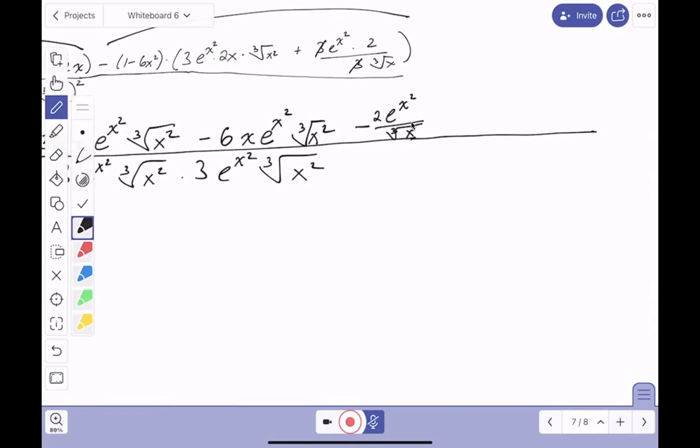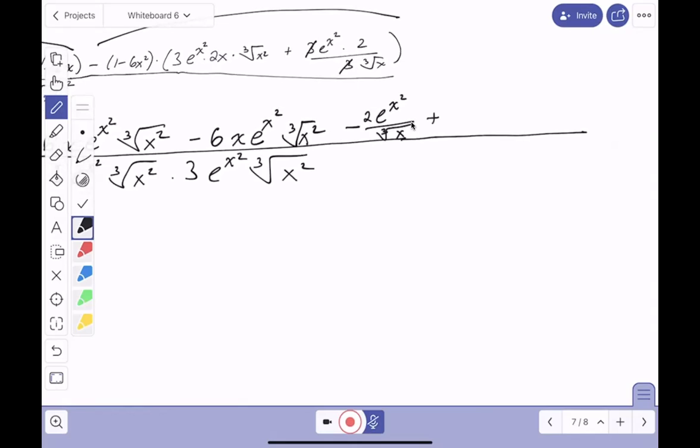All right, I got to do this next thing, which can be plus now. I'm doing the 6 now. Let's see, 6 times 6 is 36, and then you get x cubed. I'm going to be slow here, right? 6 times 6 is 36, x cubed, e to the x squared, and then the cube root of x squared.